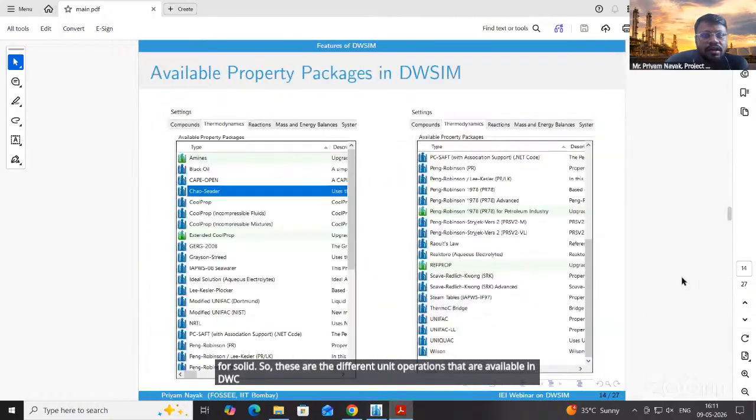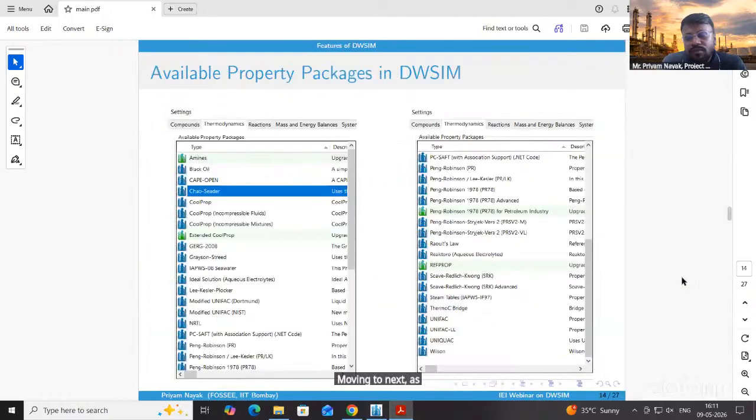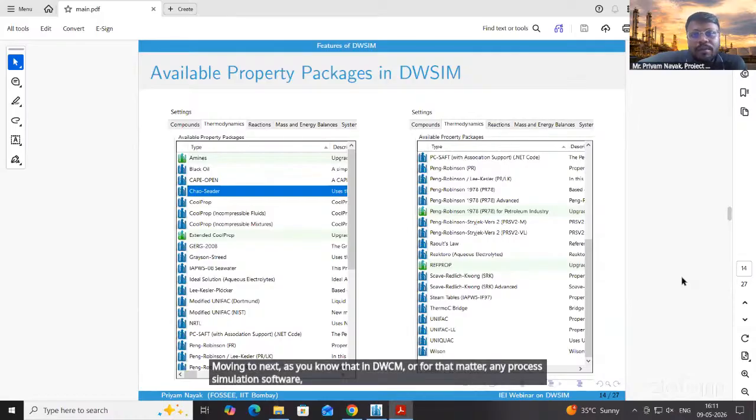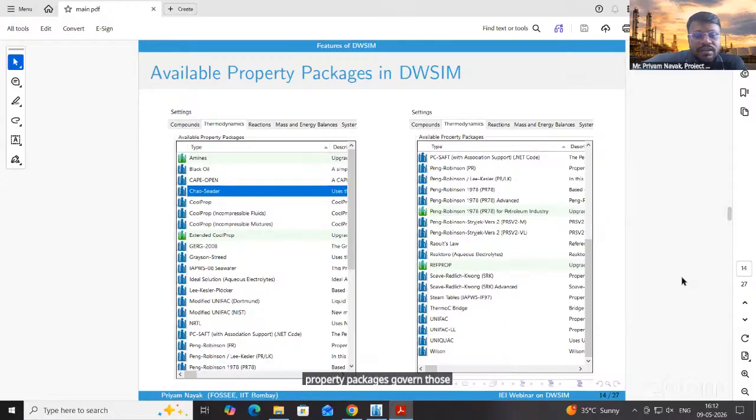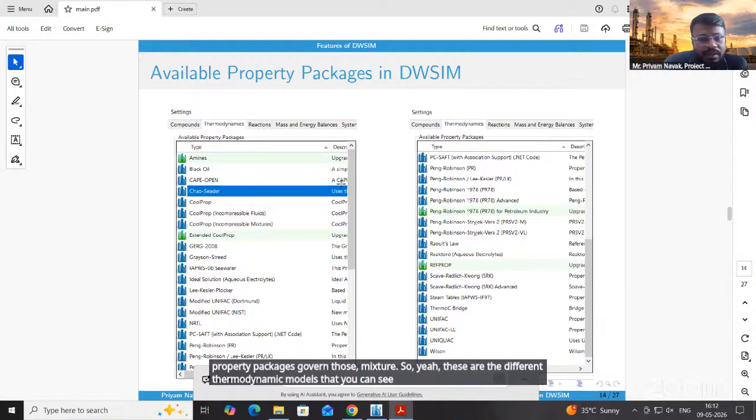Moving to next, as you know, in DWSIM, or for that matter any process simulation software, in addition to having the components, you must have the support of thermodynamics, because as you deal with different mixtures, different component systems, different thermodynamic property packages govern those mixtures. So these are the different thermodynamic models available with DWSIM.